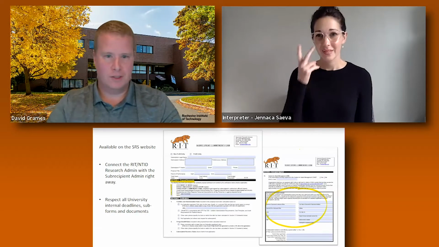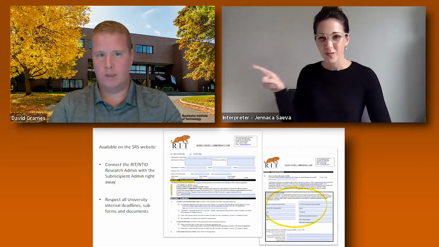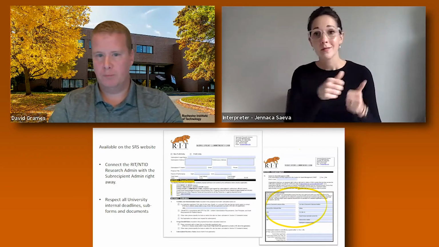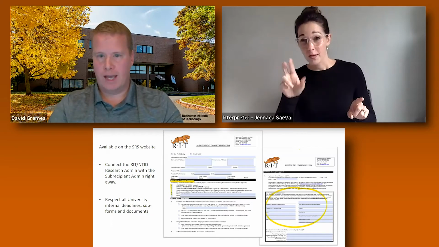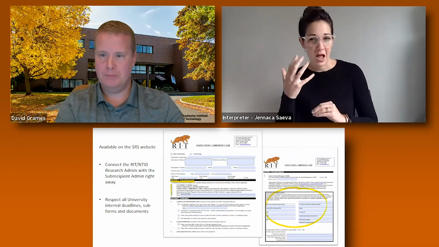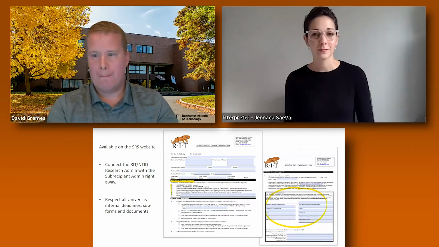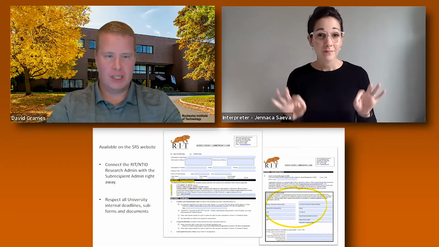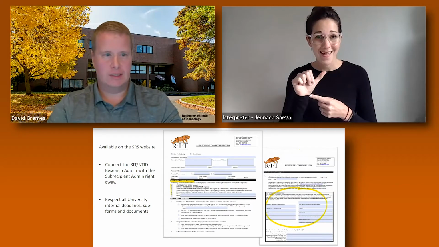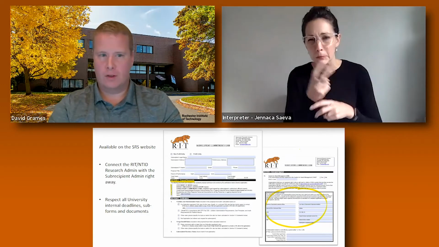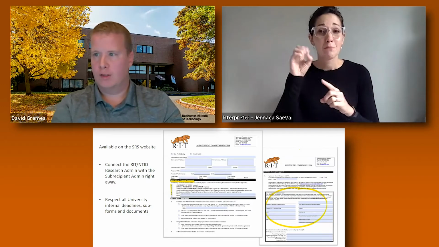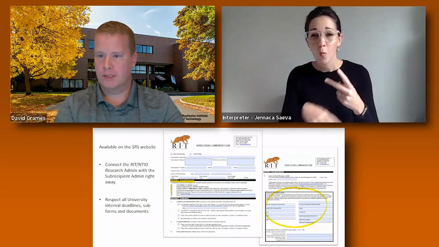As you can see in the 2 images, page 1 of the subrecipient commitment form, and on the far right is page 5, the last one. You'll want to notice section A, which is highlighted, a little hard to see, but this will list all the documents that are required by the subaward institution.